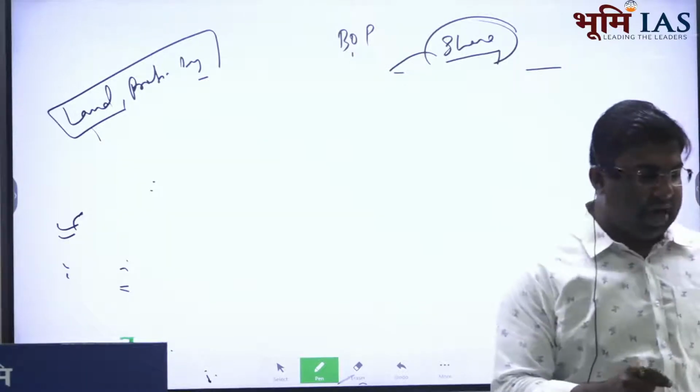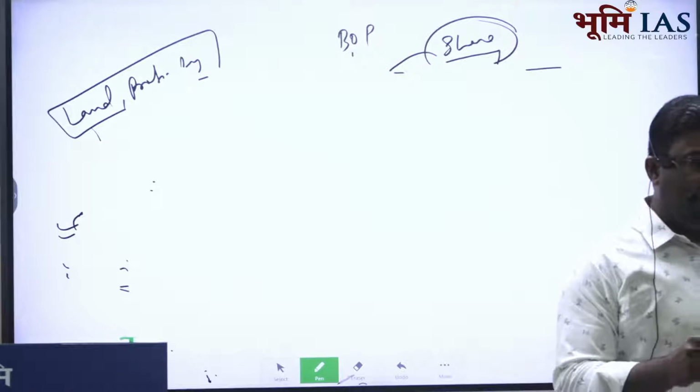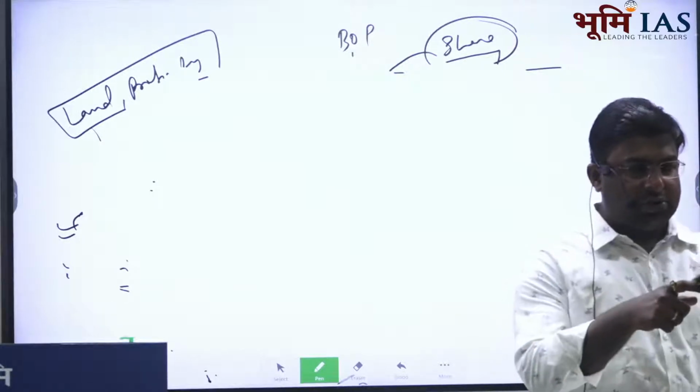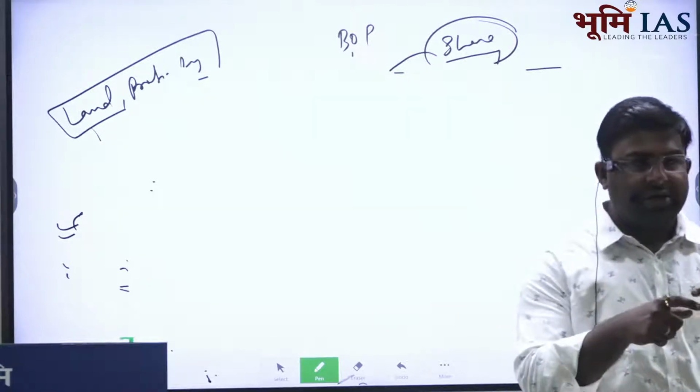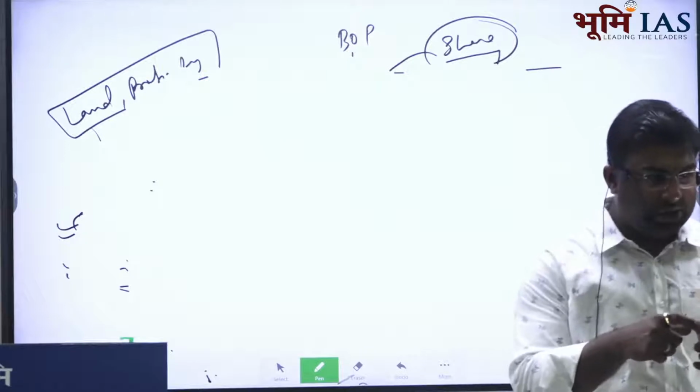Here, this word either entity means what? I am talking about any of those two individuals between whom that transaction has taken place. Either of these two entities.